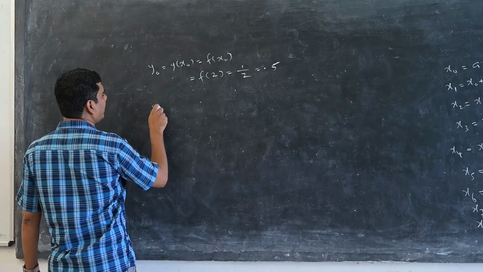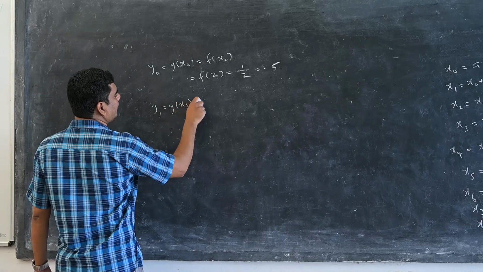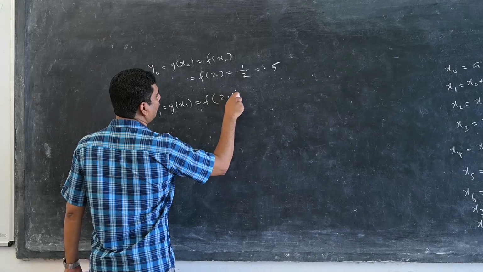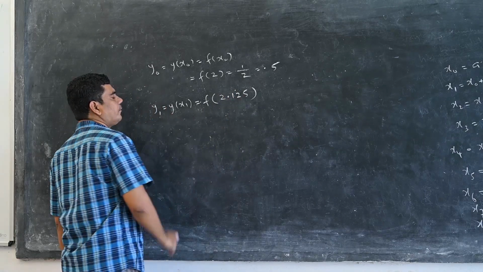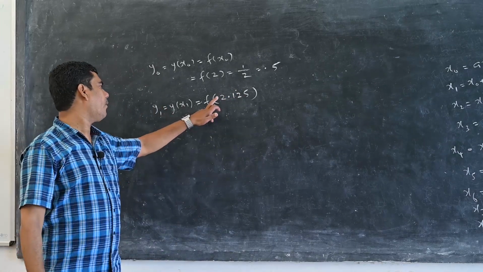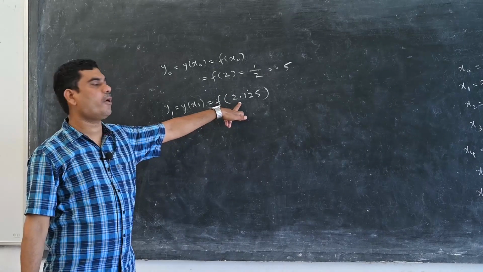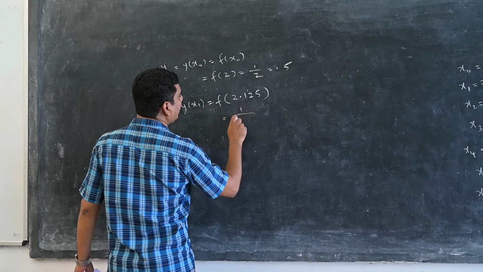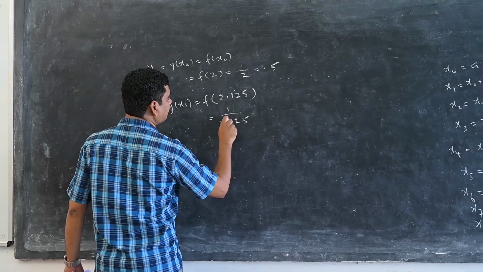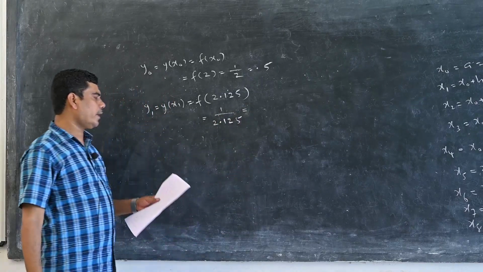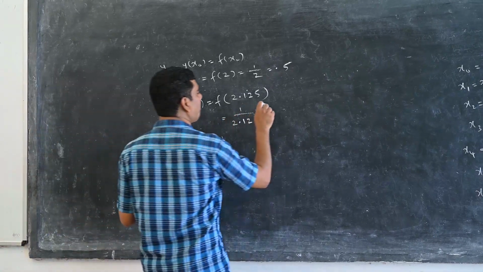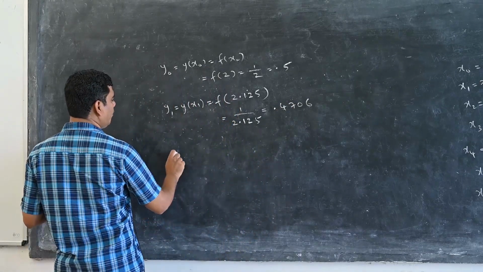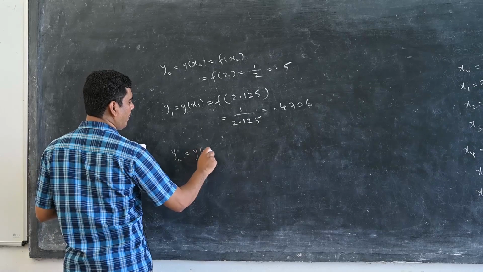y1 is y of x1. It is f of 2.125, where f of x is 1 by x. 1 by 2.125, so the value is 0.4706. y2 is y of x2.